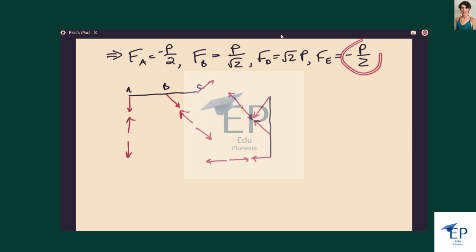And then this member here is in compression again, because this force is actually acting this way, and this one is acting this way. So we're basically pushing out on this, and we're pushing out on this, which means that we're squeezing these two members here. So these two over here are in compression, and these two diagonal ones are in tension.